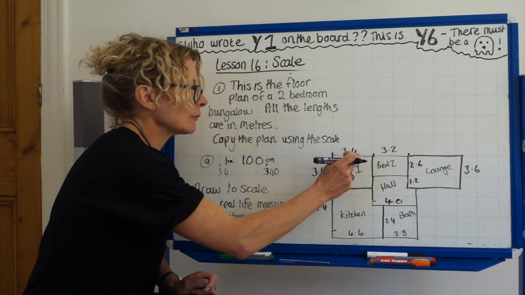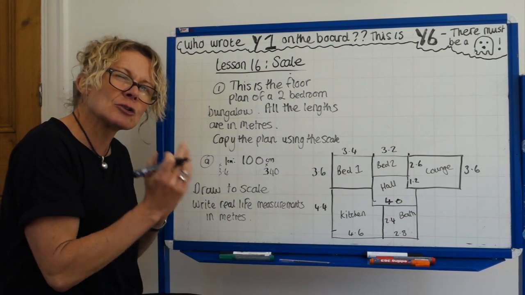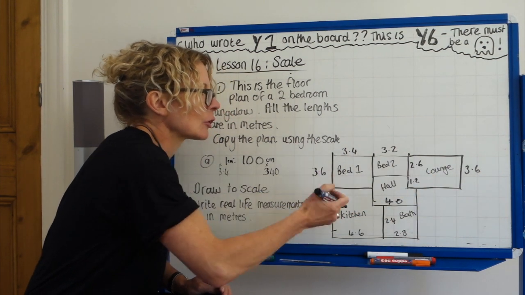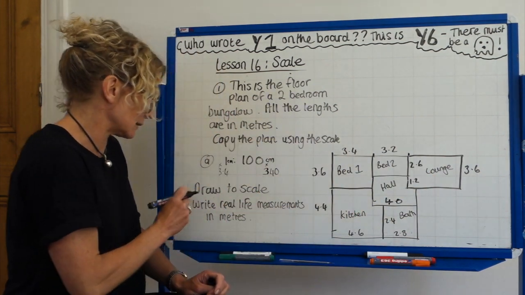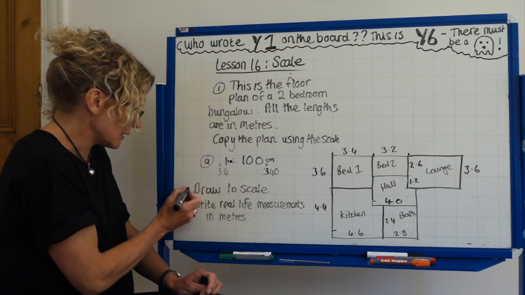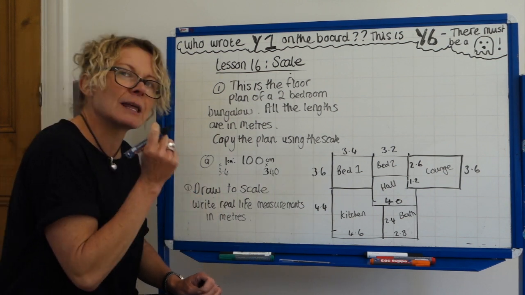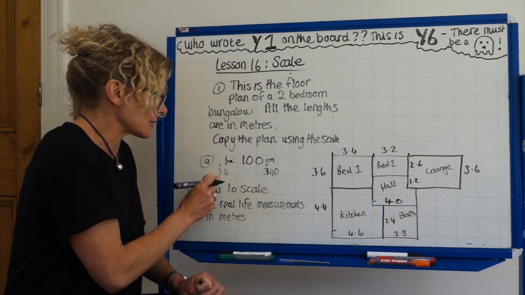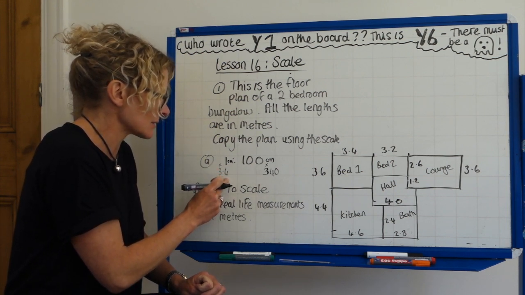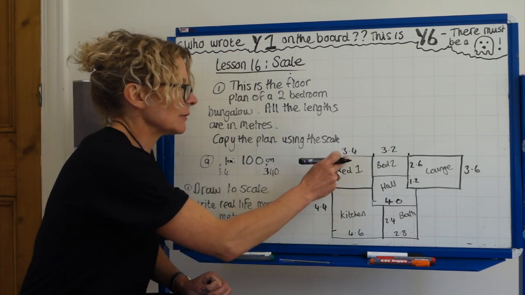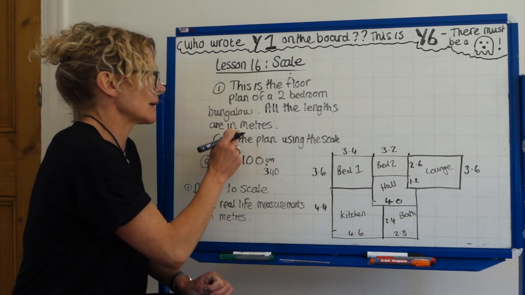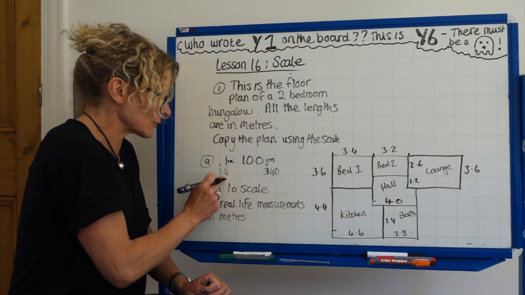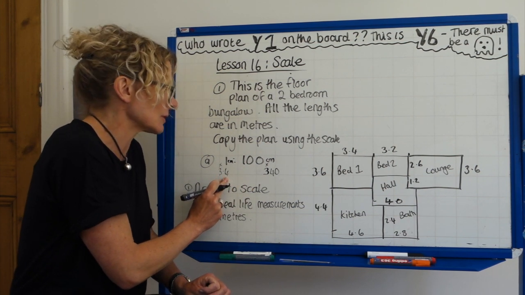So 3.4 here. Let's have a little think about it. You're going to draw this plan in your book to scale. Draw to scale. That's direction number 1. So let's work out how you're going to do that, okay? So if it says 3.4 metres in here because all the lengths are in metres, you draw it 3.4 centimetres long, don't you, okay?